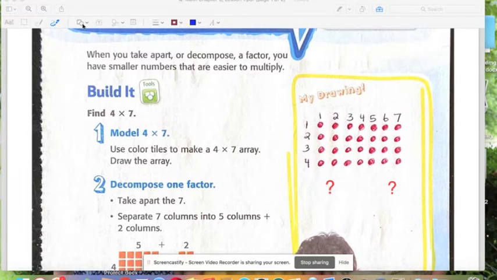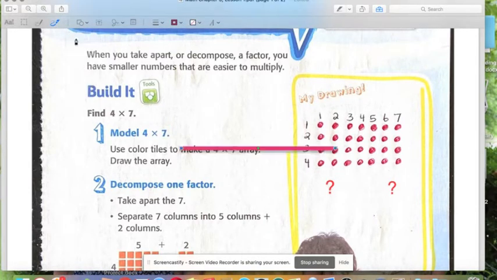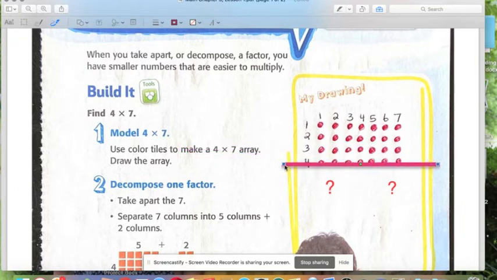So if I grab a line right here, oh, that's a big line. I'm going to put my dividing line right here after the 5. All right, so I have 5 columns on this side and 2 on this side.